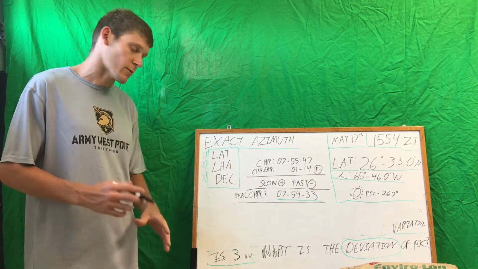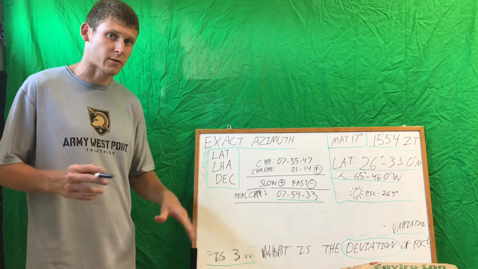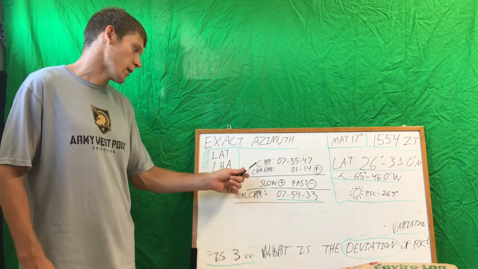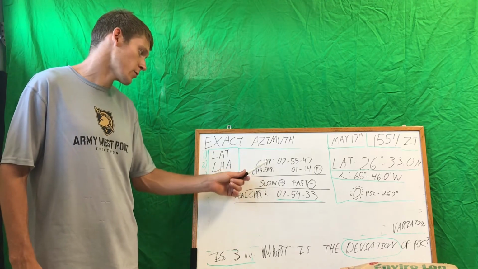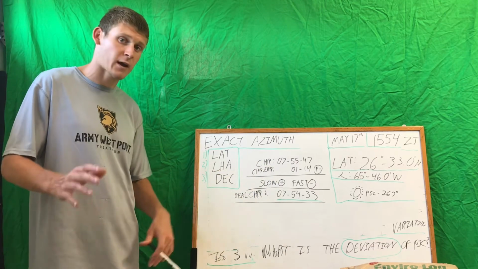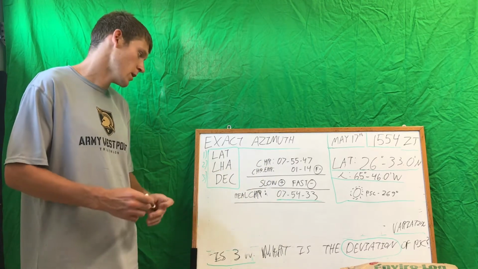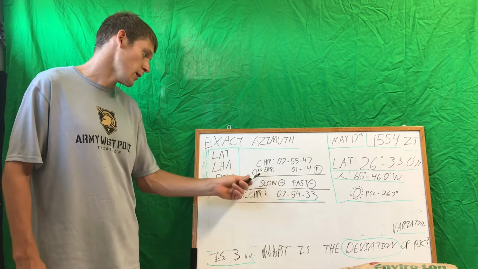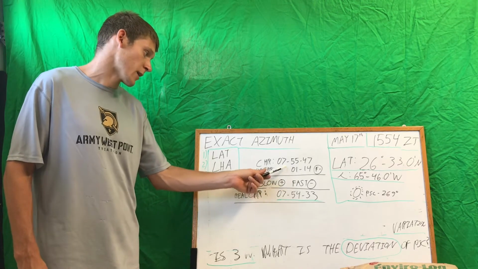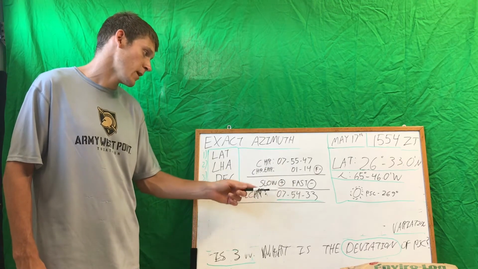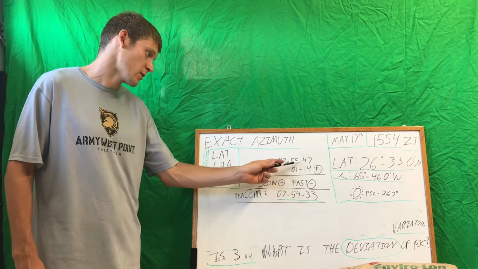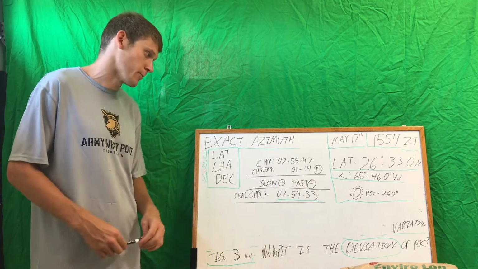I did a previous video about this concept when we were doing time ticks, but whenever you're comparing a chronometer to the chronometer error and you're adding and subtracting times, any error that's slow, you're going to add to your chronometer. Any error that's fast, you're going to subtract from your chronometer.